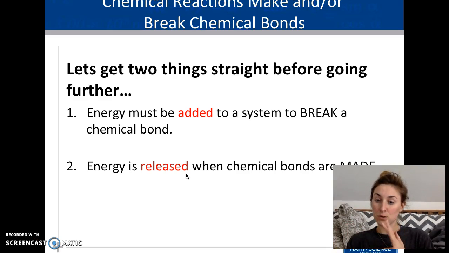So things that you also need to remember: energy must be added to a system to break a chemical bond. Energy is released when bonds are made. I think it's easy to think about energy being released when we break a bond, but it's the opposite. And so we just have to remember this concept as well.